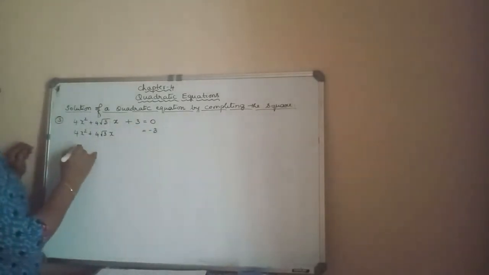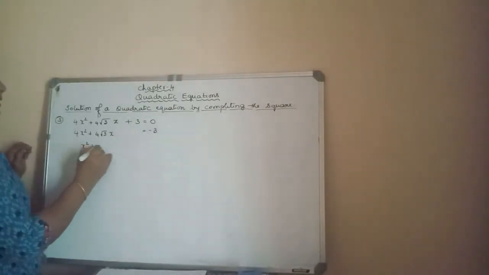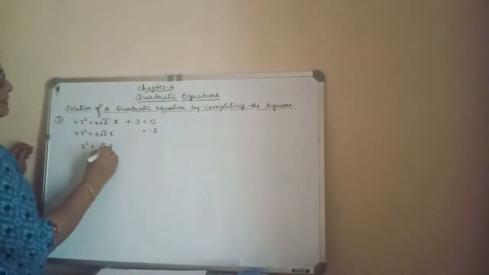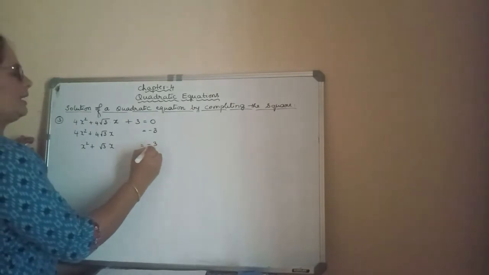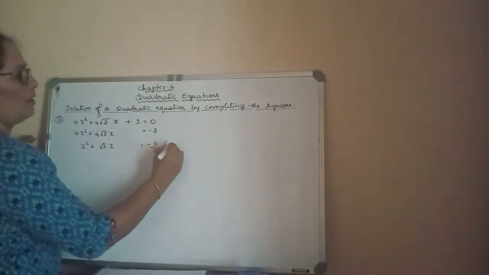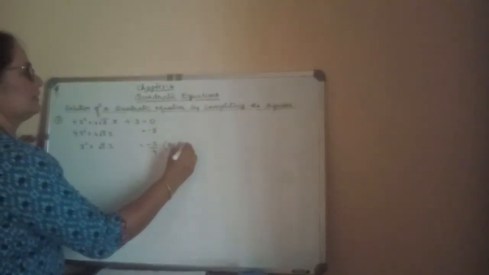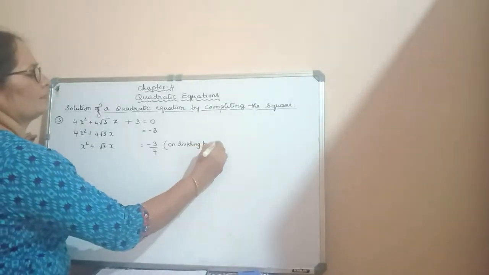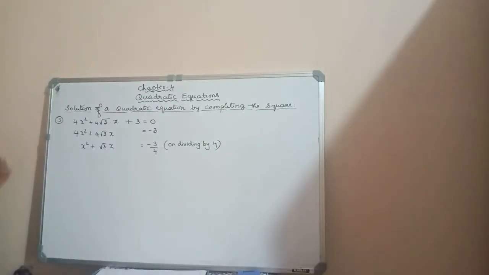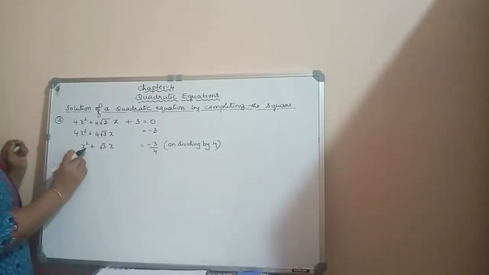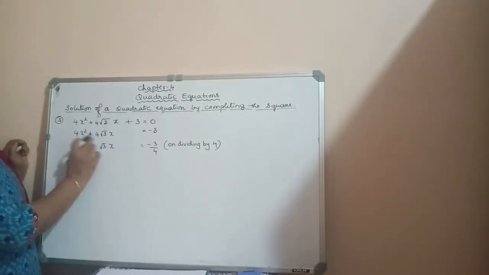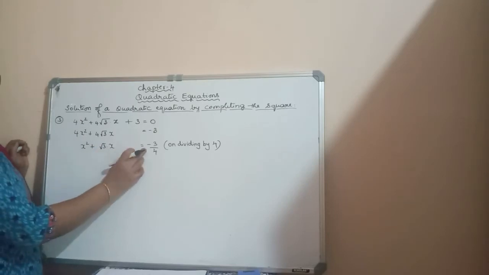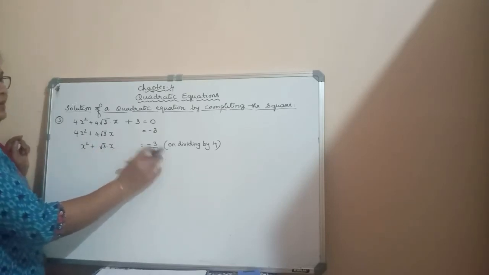So dividing by 4, what will you get? If you divide by 4, you will get x square plus root 3 x equals minus 3 by 4.